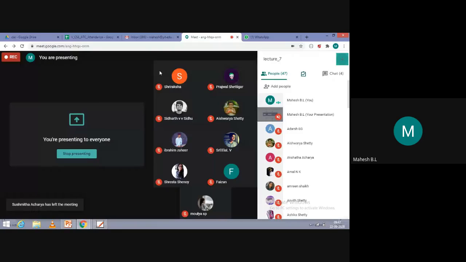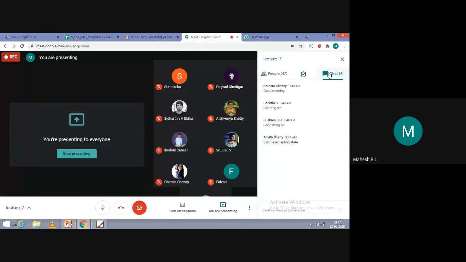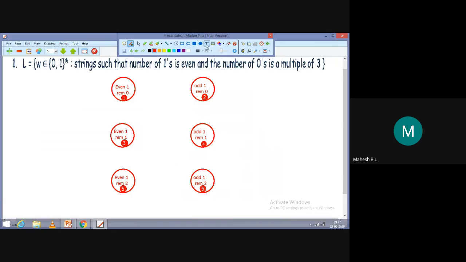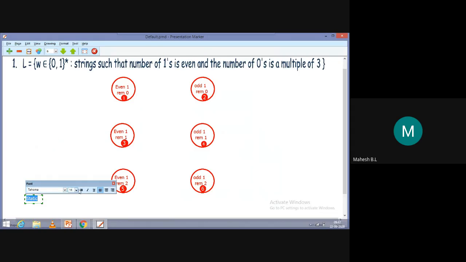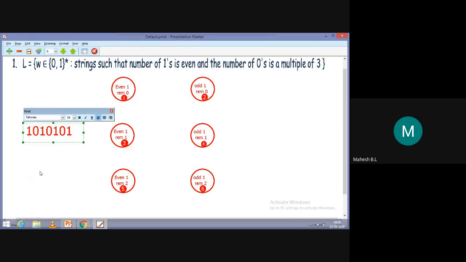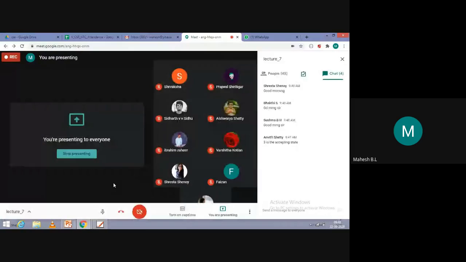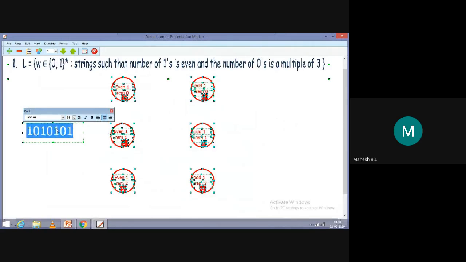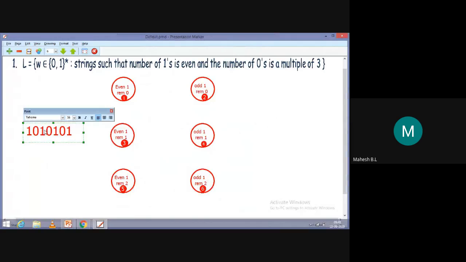So if you consider a sequence of ones and zeros, let's say 1 0 1 0 1 0 1, whether this string belongs to the language or not, just give your response quickly.